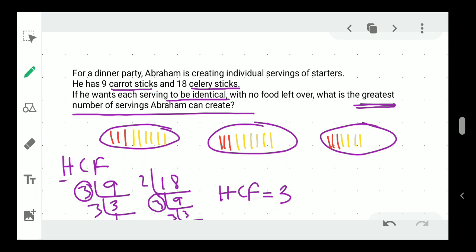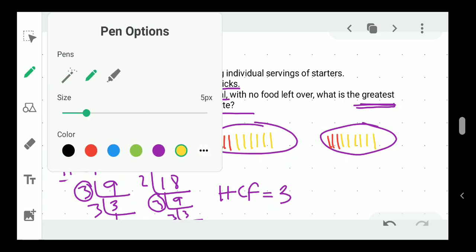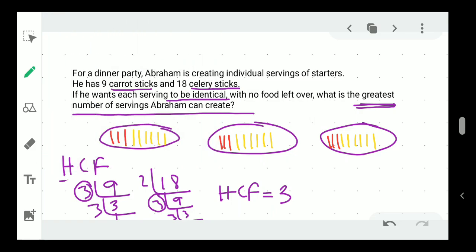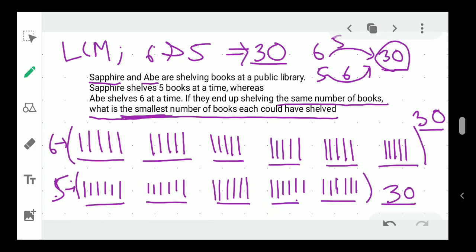In this way, with these 3 plates, plate number 1, plate number 2, and plate number 3, Abraham can distribute the plates. So when it is distribution, it is nothing but your HCF, and when it is coming to the same number, it is nothing but your LCM.